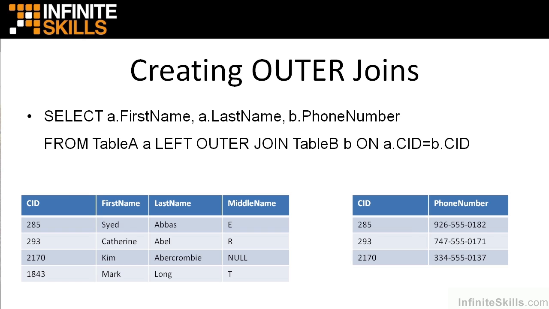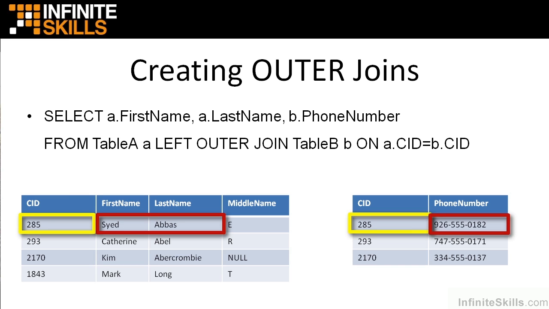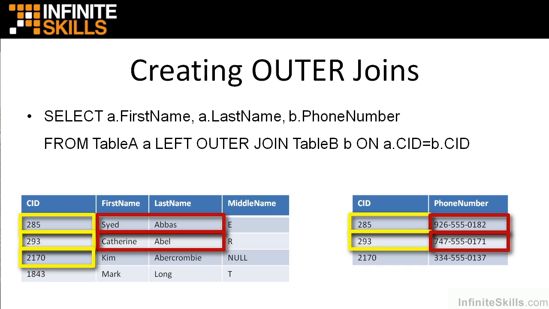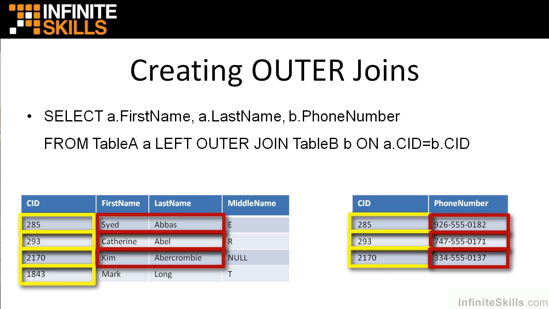And so we can immediately see 285 and 285 are equal, so we return the last name and the first name and the phone number. 293 equal in both tables, names, phone number. 2170 equal in both tables, names, phone numbers. 1843, no entry in the right table, no 1843 CID. So we return Mark Long, the first and last name that we requested in our select statement. From the right table, we're just going to return null because there is no data out there for it.